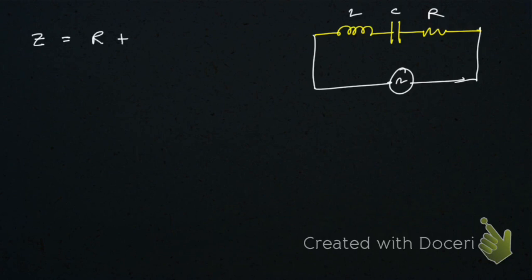Here we will get two reactances, one is capacitive reactance, another is inductive reactance, XL minus XC. Here you see it depends on these two. Sometimes it may be XC minus XL depending on their values, right?